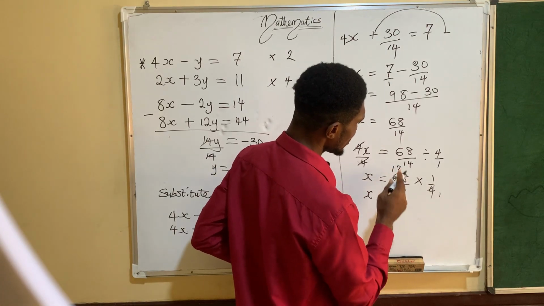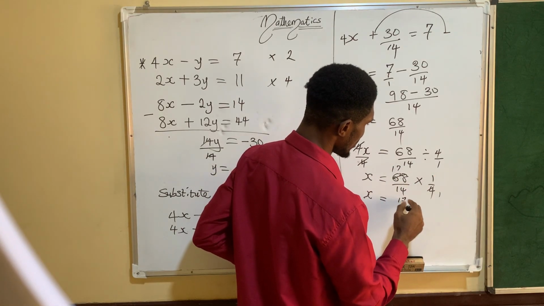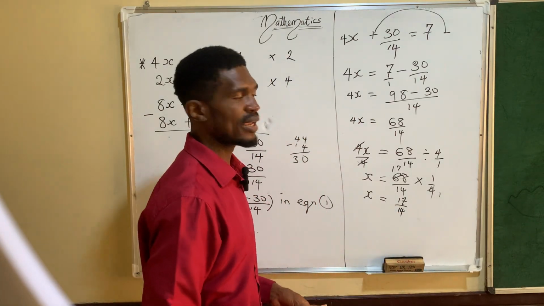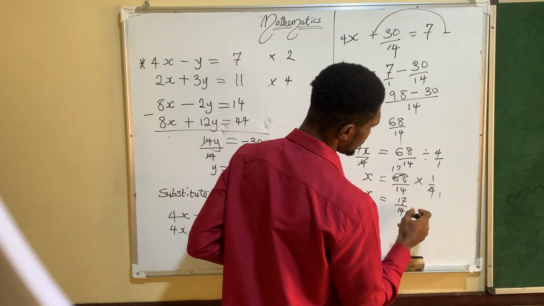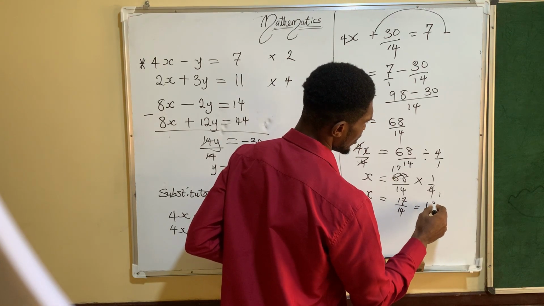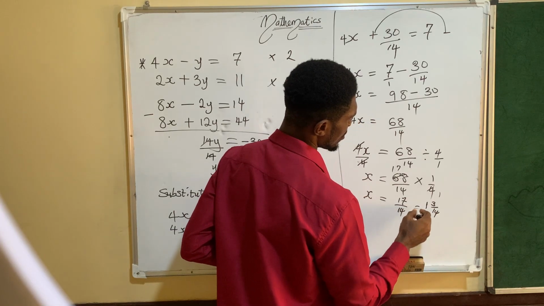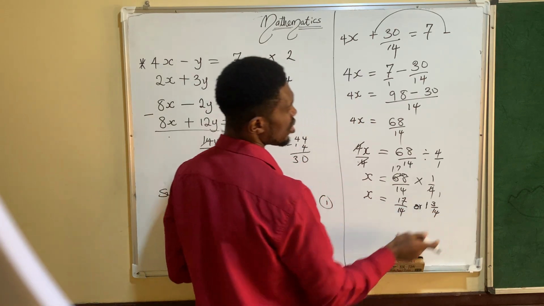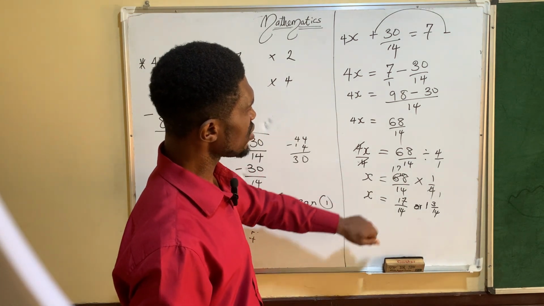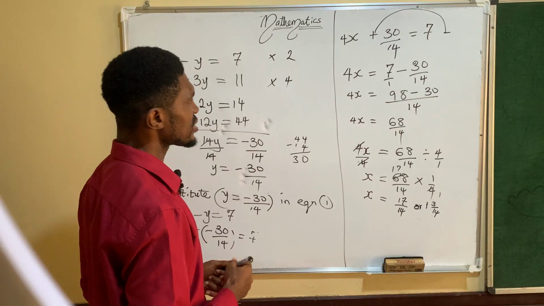So we have 17 times 1, 17 over 14. If you divide further, you get a mixed fraction, which is one whole number 3 over 14. But I would prefer we leave it here, 17 over 14.